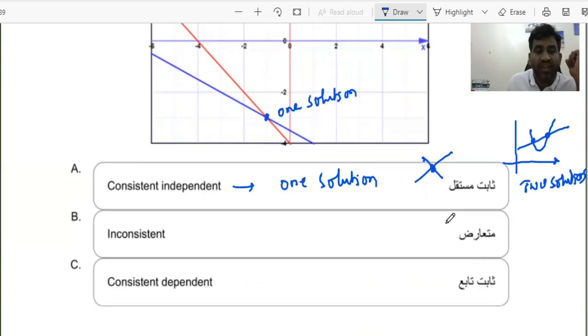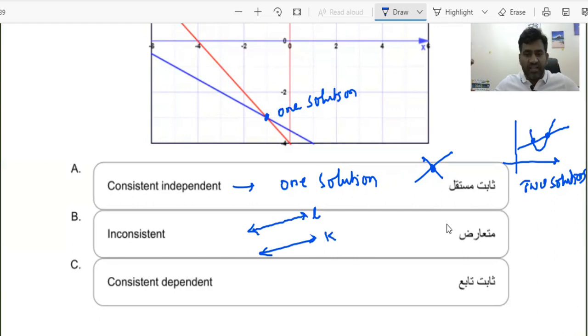And what do you mean by inconsistent? Inconsistent means that in a system of graphs, the lines are not meeting each other. It means parallel lines. So when I'm drawing two lines, line L and line K, irrespective of how long we extend them on either side, line L and K are never going to meet.